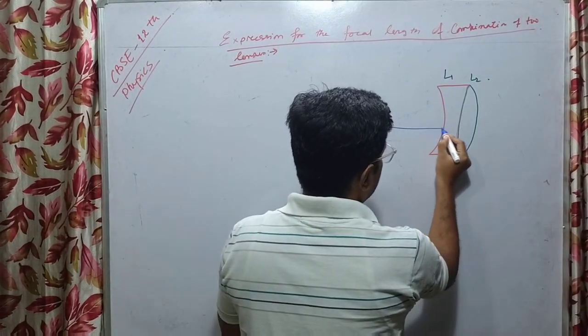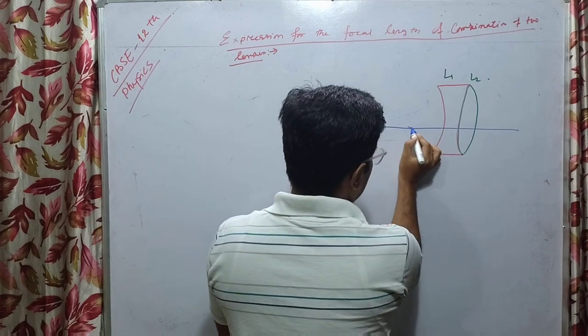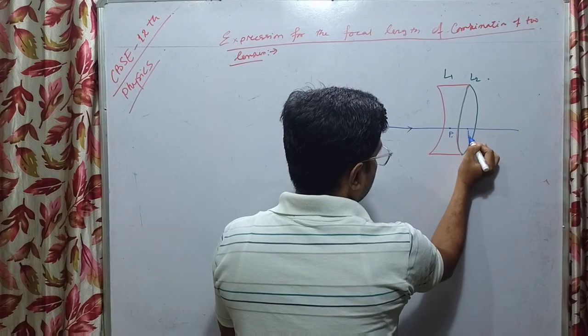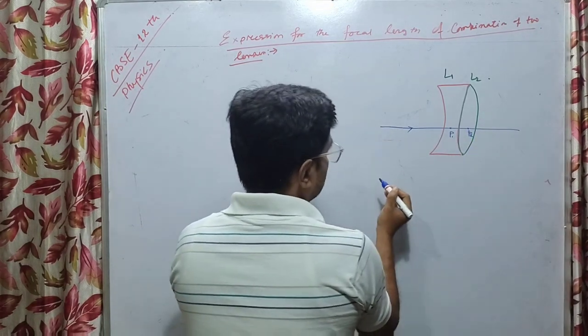Now here is the principal axis. Here is a ray which is passed through the poles P1 and P2.